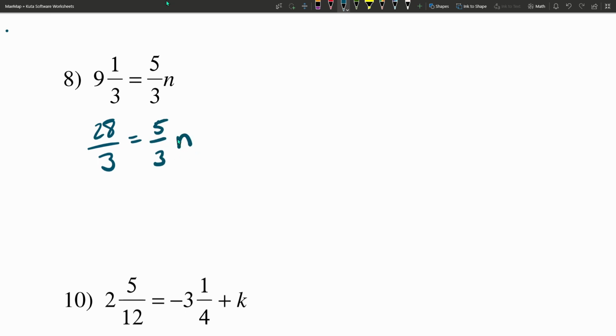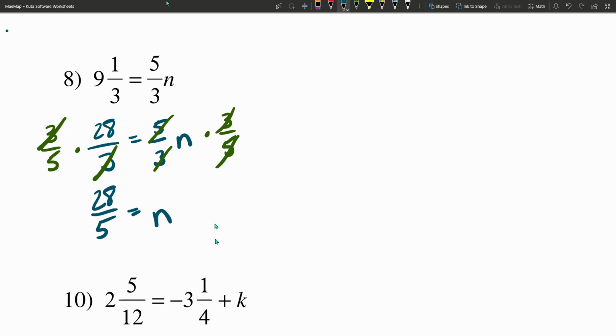Now this one actually works out quite nicely because when we go to figure this problem out and isolate our variable, we're going to multiply by that reciprocal, which is 3/5. And when I do that to my left-hand side as well, look what happens. My 3 cancels out with my 3, so I'm left with 28/5 as my improper fraction.